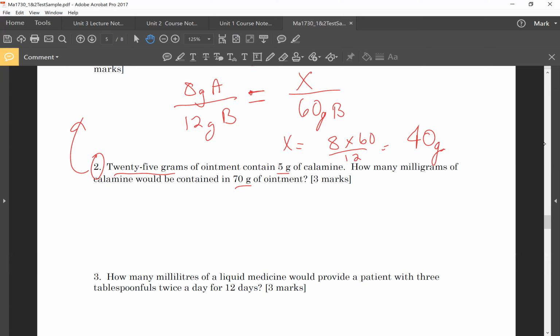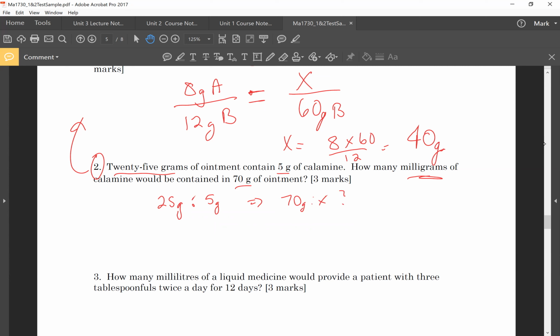How many milligrams would be in 70 grams of ointment? And this is where you've got to be careful. Well, these are ratios. I know that 25 grams of ointment would have 5 grams of calamine, and what I'm trying to do is figure out how many grams would be in 70 grams.